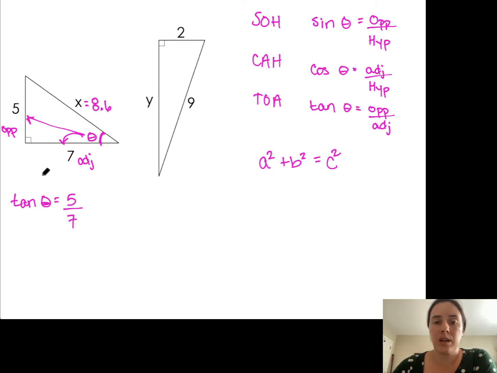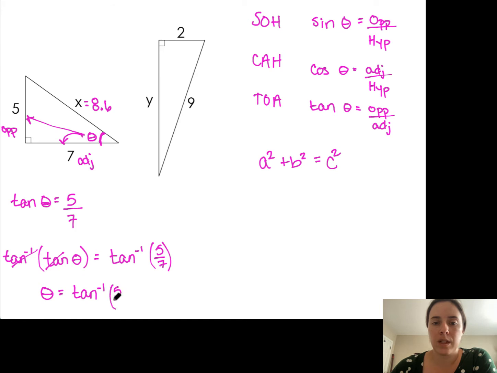So our opposite operation of a tangent is an inverse tangent. So let's take the inverse tangent of both sides. So inverse tangent of a tangent cancels out and leaves us with what's inside. So it leaves us with our theta. So theta is equal to the inverse tangent of 5 over 7.